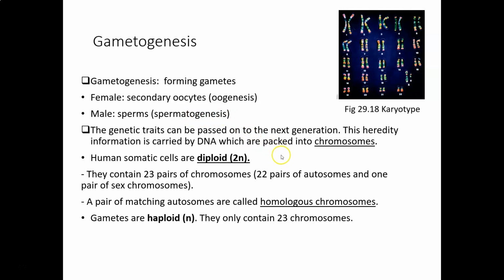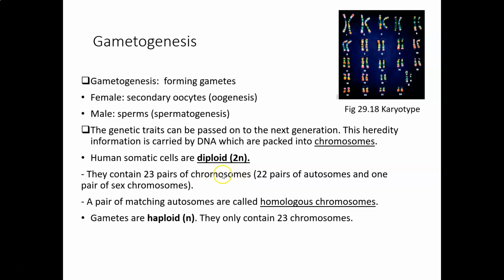Let's have a look at what really happens in this process. If you remember from the earlier unit, normal human cells are called somatic cells. They are diploid, meaning they have two copies of the same chromosomes. Each of our somatic cells has 23 pairs, because for each chromosome we have one from mom and one from dad.